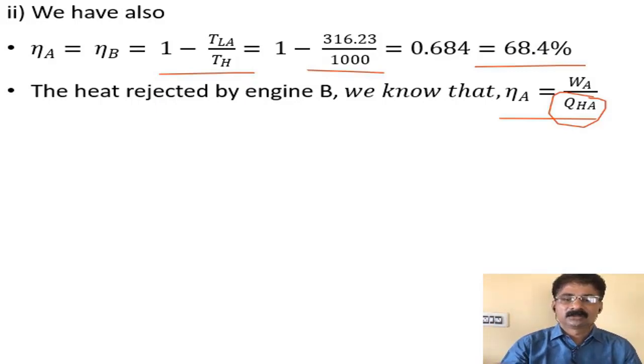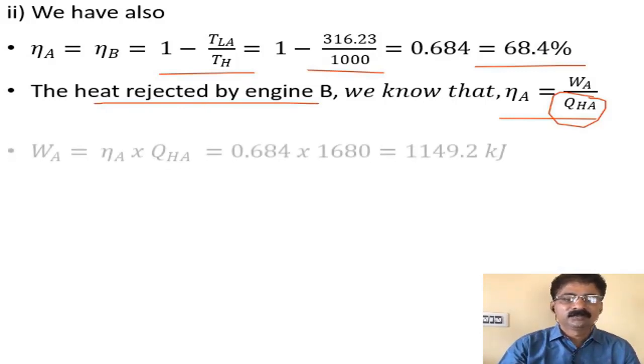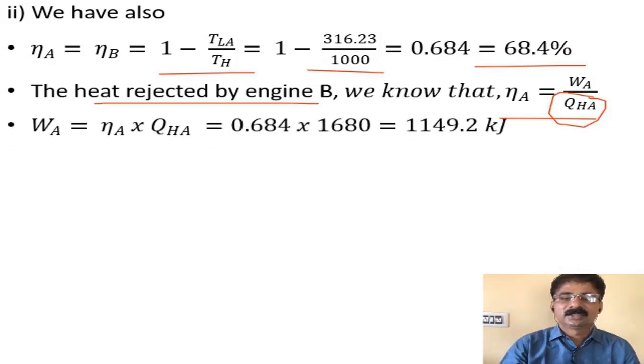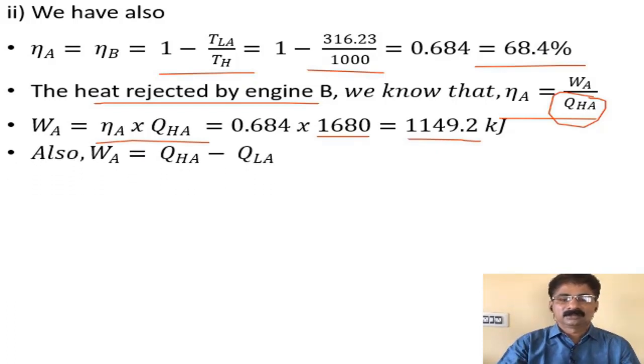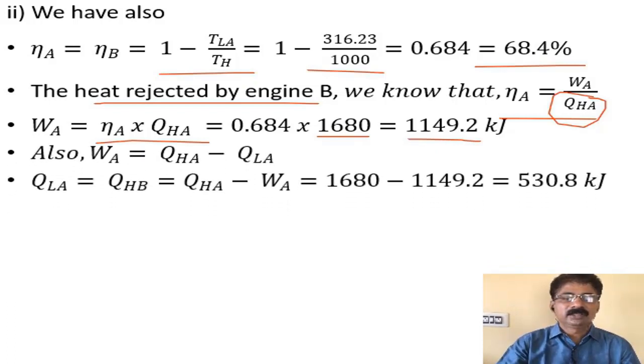Although you are calculating heat rejected by engine B, you have to start from engine A. So WA is nothing but eta A into QHA, because you know eta A, which you just calculated in this slide, and QHA is given in the question, so you will get WA. If you calculate WA, then easily you can calculate QLA, because WA is nothing but QHA minus QLA.